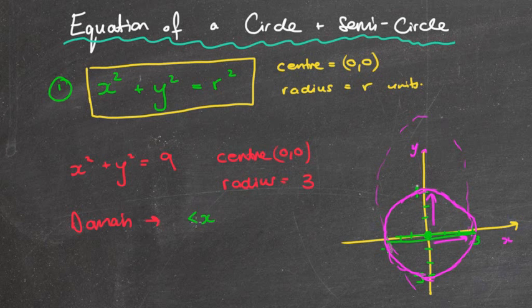So x is greater than or equal to minus 3 and less than or equal to 3. And my range is my y values, which again is greater than or equal to negative 3, less than or equal to 3, because it goes up between those two values. Obviously it can't be up here, because there's no actual value there. So that's my domain and range of those two.